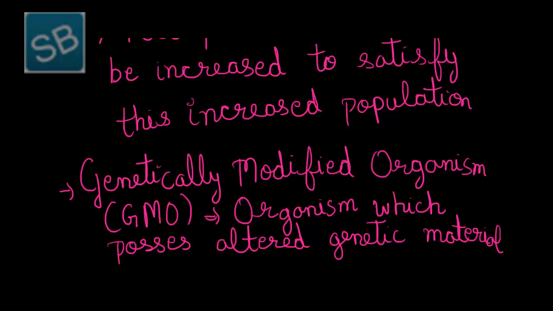And how does this alteration of genetic material occur within such organisms? It is due to biotechnological processes, which can be genetic engineering techniques. Now comes the question of what advantages help to identify whether GM plants, that is GM crops, are useful or not.